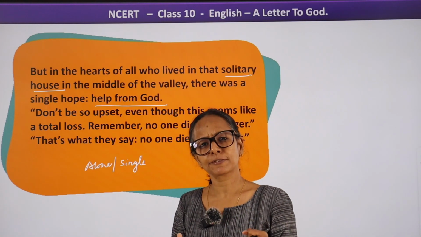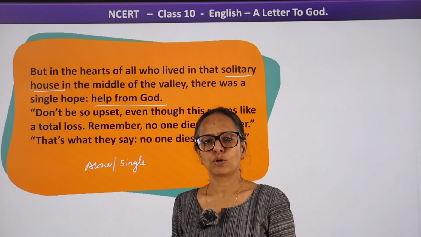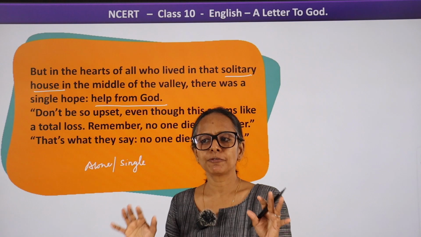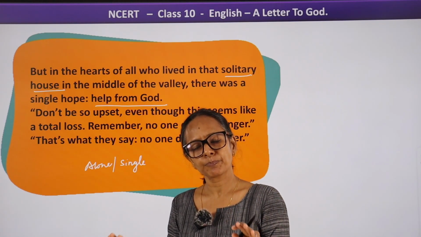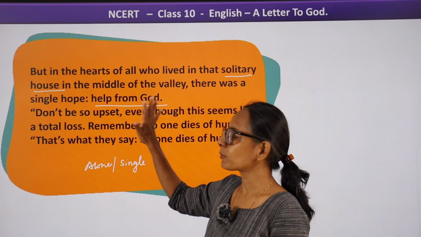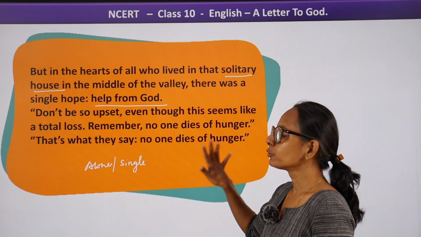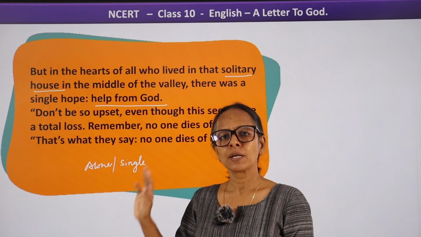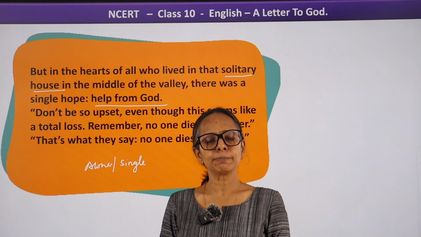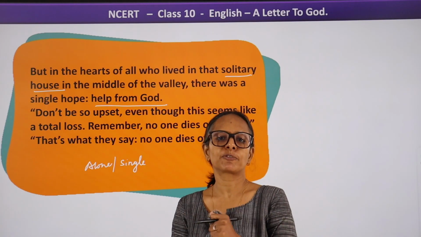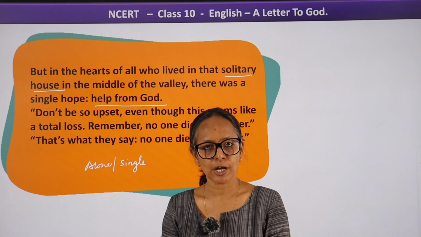He truly believes that God will help. Even if everything has gone to waste, there will be some form of help from God. So Lencho and his family truly believe that there is going to be help from God and that no one is going to die of hunger.